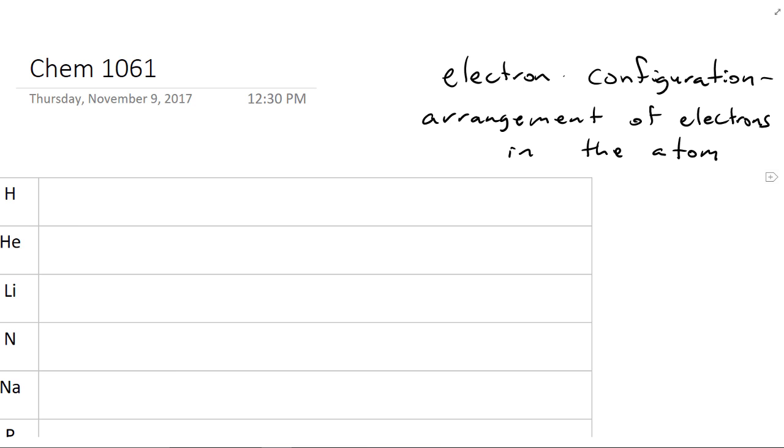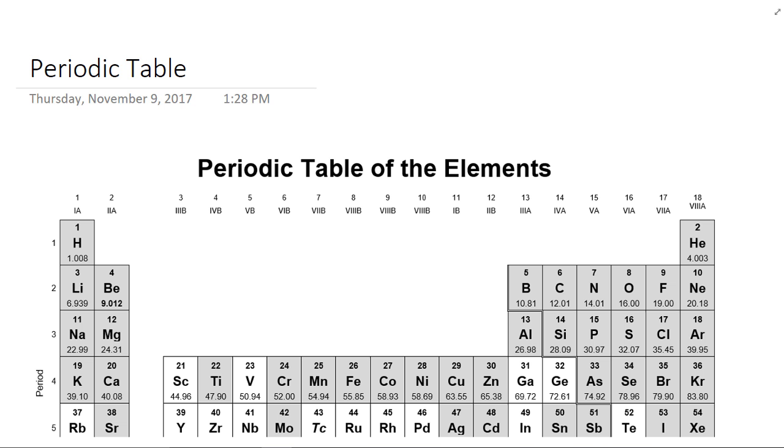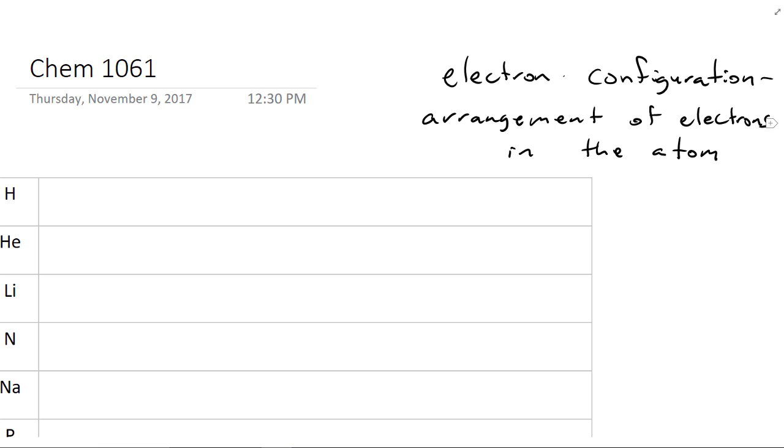So we're going to start with the element hydrogen. Hydrogen now has how many electrons? Right. Uno, for those that don't speak Spanish, is 1. Very good. So we say Z is equal to 1. The electron configuration for hydrogen is written like this, 1s1. Now what these numbers stand for is this.